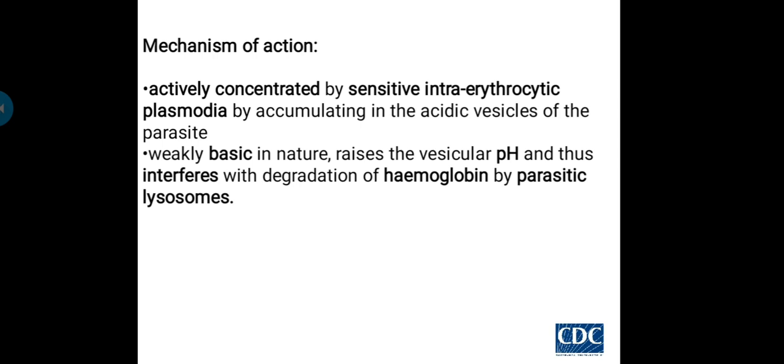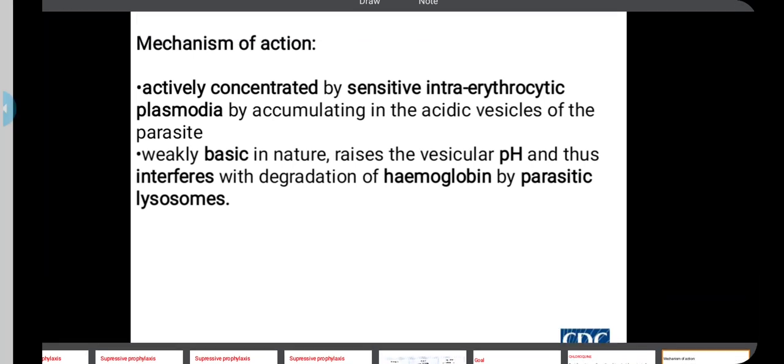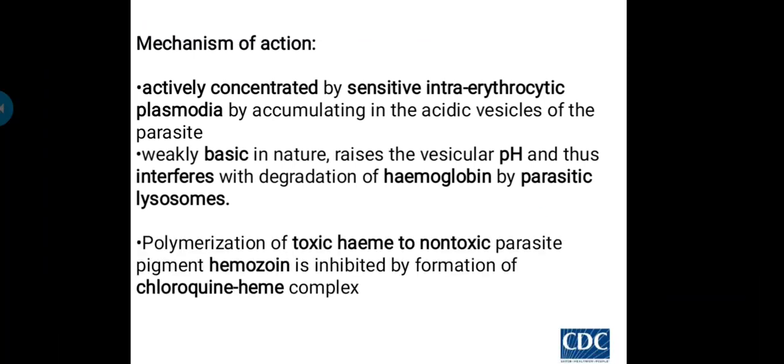So heme to hemozoin conversion is not possible when we have raised the vesicular pH by giving a basic drug like chloroquine. And what is the net effect? The polymerization of the toxic heme to the non-toxic parasite pigment hemozoin is inhibited by the formation of the chloroquine-heme complex.